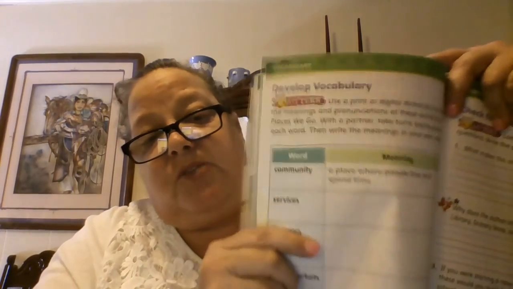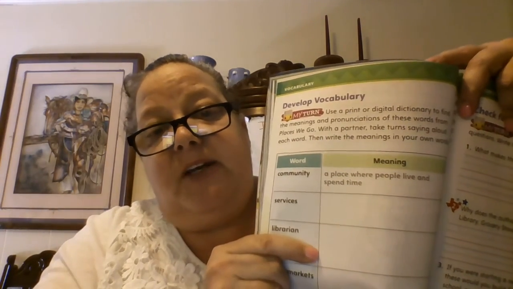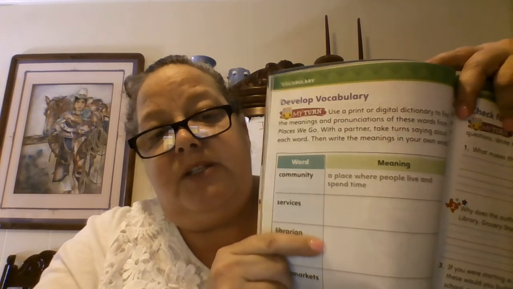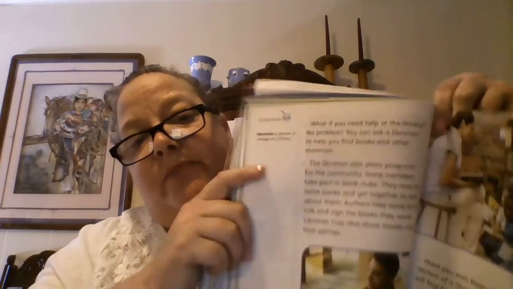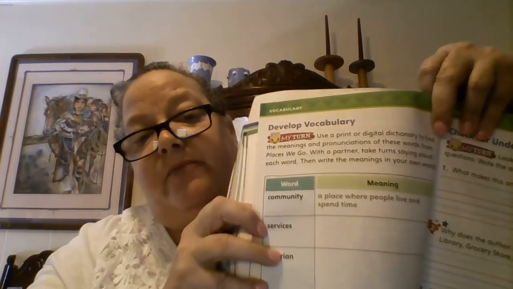Looking at page 116. On page 116, right here where it says librarian, you're going to take this definition for librarian, and you're going to copy it right here. So let's see what that definition says. A person in charge of the library. Well, that makes sense, right? If you're a librarian, you're in charge of the library. Okay, so copy that down.